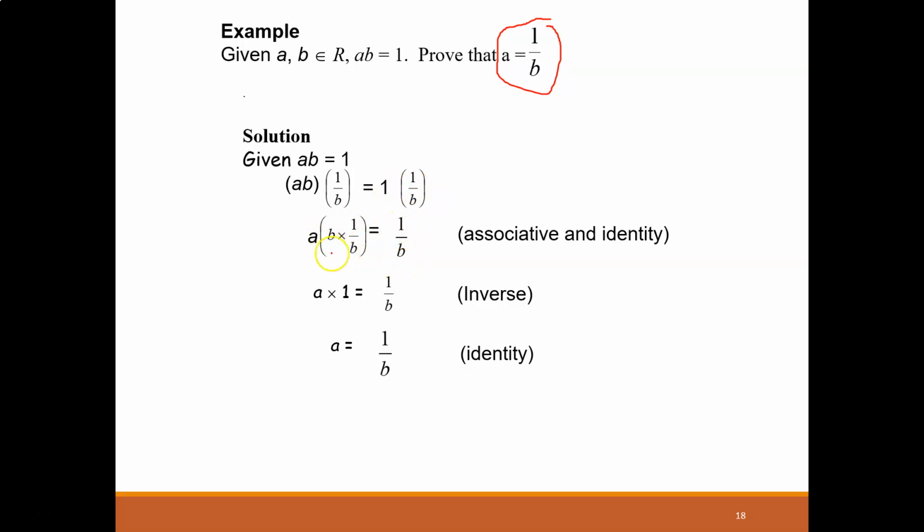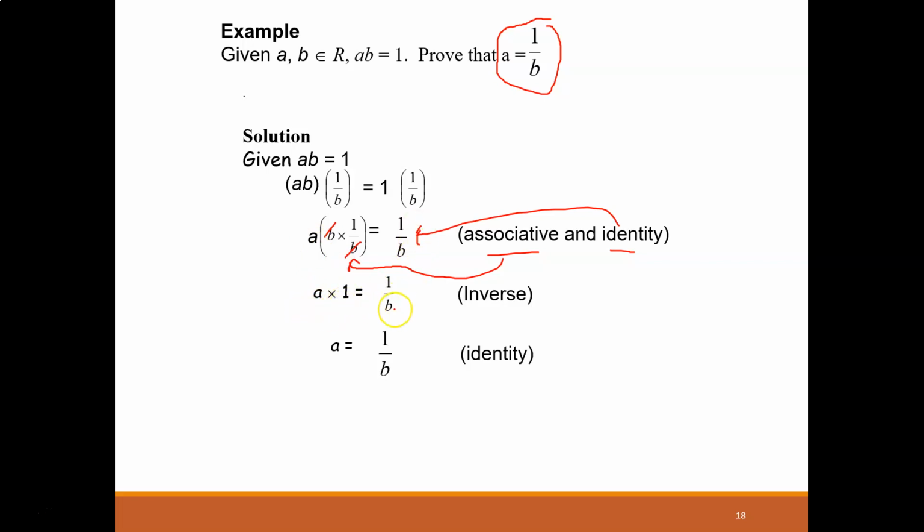So this one, bila you kembangkan, you still have 1 over B. Bila bermain dengan bracket, we have associative. And identity is for this part. Associative is for this part over here. Okay, so now you can cancel it out. B times 1 over B, yang tinggal cuma A times 1.